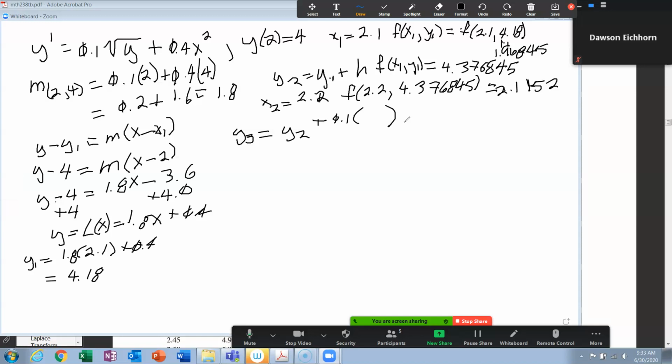So this f that I've got on my screen right now, 2.1452 and so on, is going to multiply times 0.1 and add to that the y2. Now I don't have all the digits anymore.